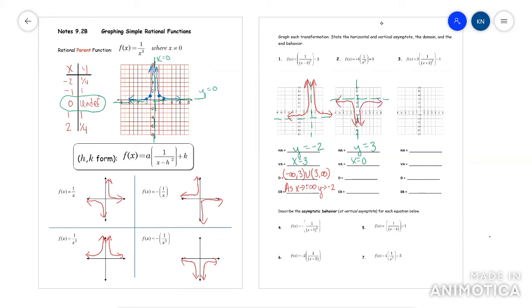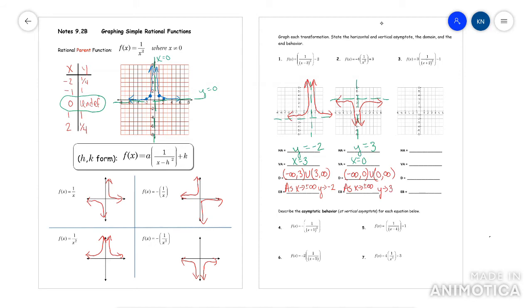So it would look something like this. So now I would find my domain. I've got two sections. This left section is everything from negative infinity to my VA of 0. The right section is everything from my VA of 0 to positive infinity. And then my end behavior, if I go left or right, so as x goes to plus or minus infinity, both of these arrows are going to be leveling off at the same thing, which is that horizontal asymptote, y value of 3.